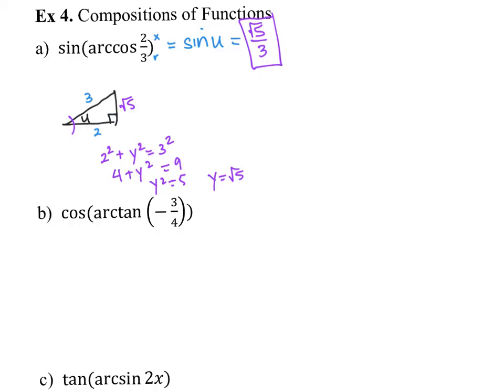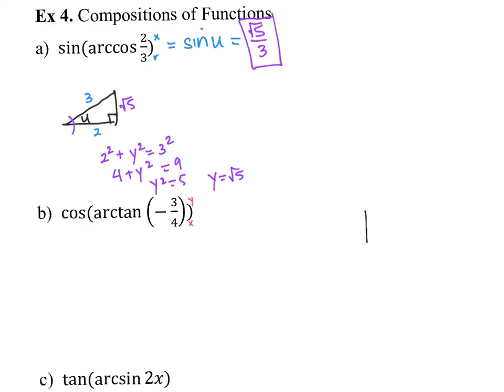For B, we're going to do the cosine of the arctangent of -3/4. Because there's a negative, it makes it a little bit trickier, because with all positives, I know I'm in quadrant 1 and I don't even think about it. Let's see what we have. I know that tangent is y over x. I don't know if the y is negative or the x is negative. I could draw a picture, I could do multiple ways to do this, but I do need to consider the fact that this is arctangent.